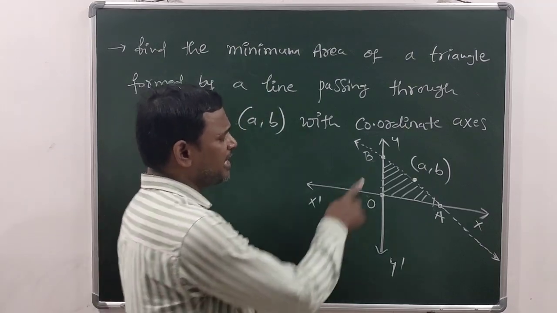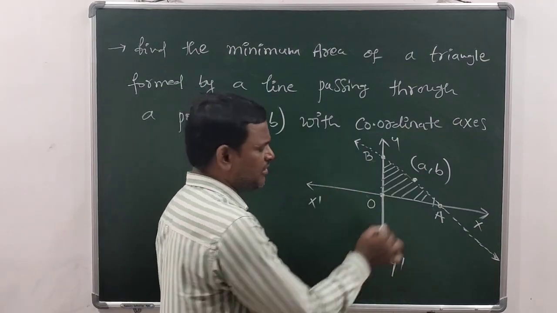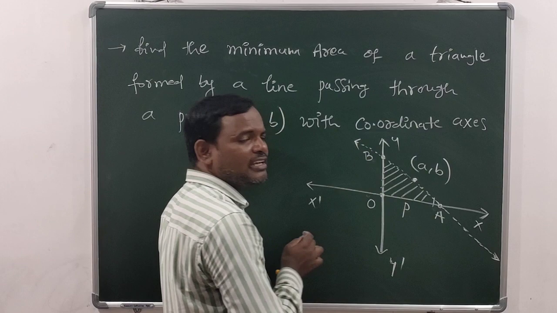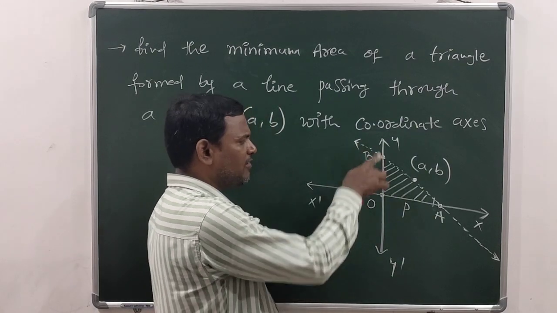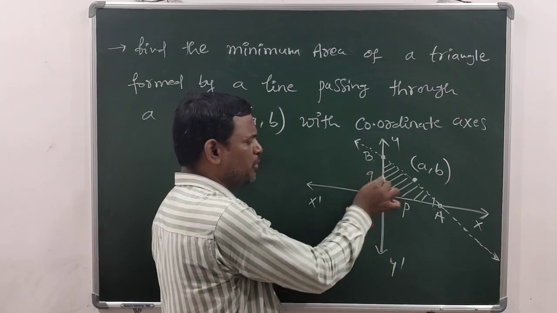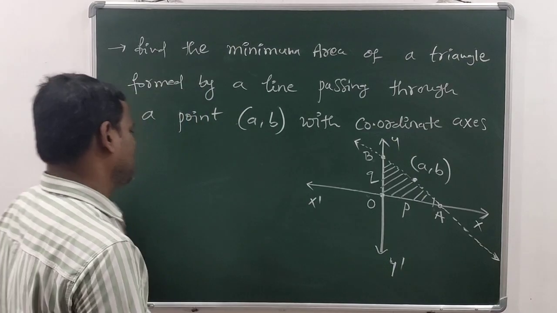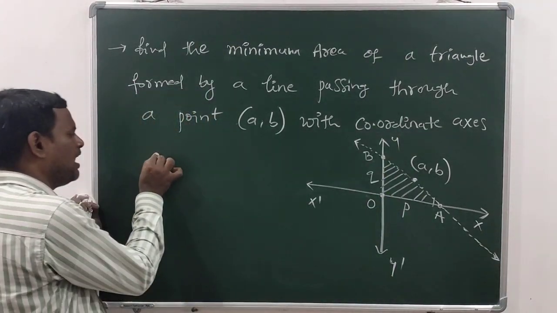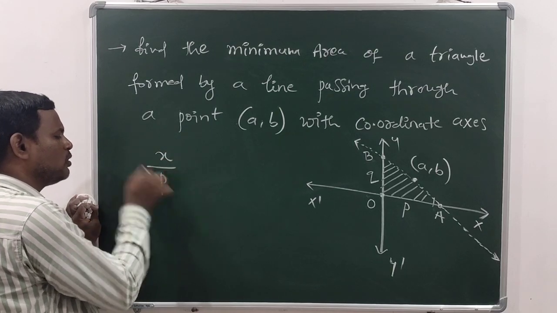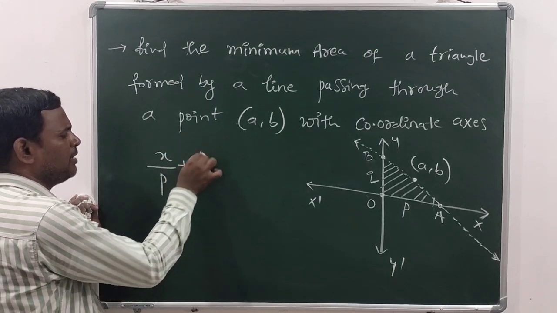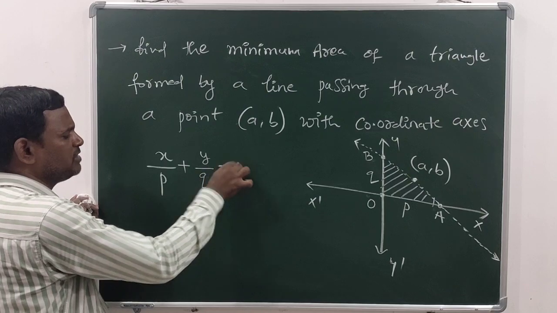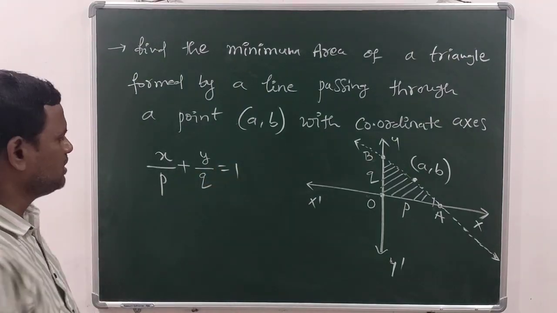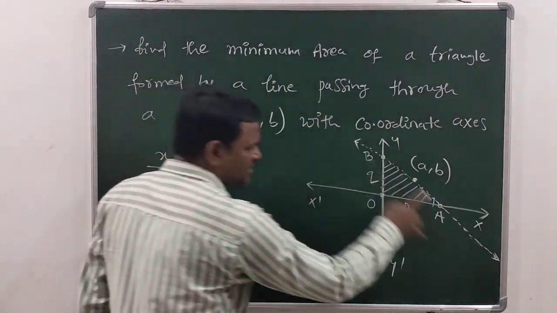Okay. Here x-intercept of this line is not given, so I am considering it as small p units, y-intercept small q units. Okay. Right. Now if x-intercept is given, y-intercept is given, as we know, the equation is x by p plus y by q, which is equal to 1. This is the equation of this line.